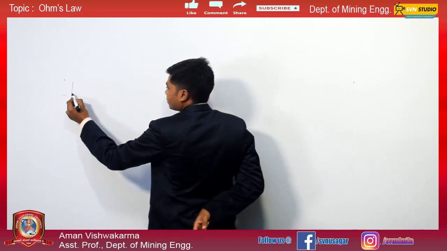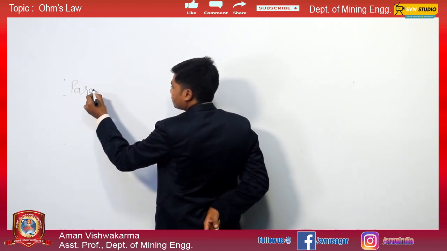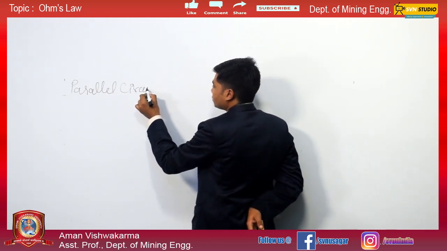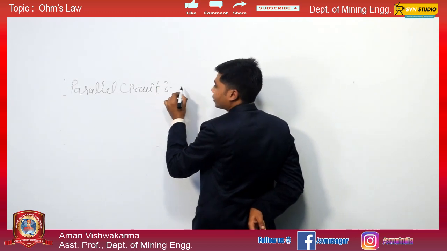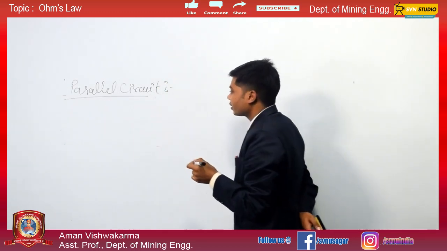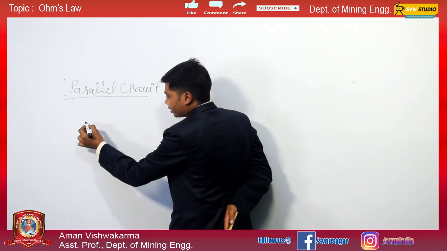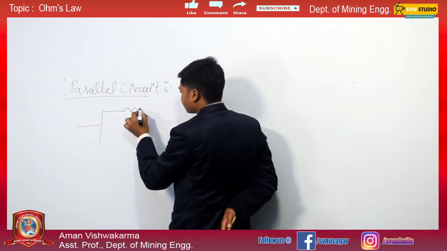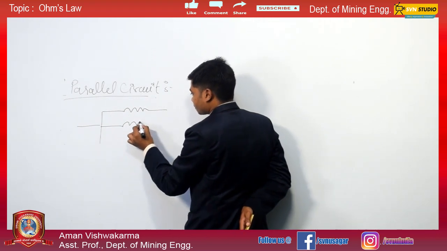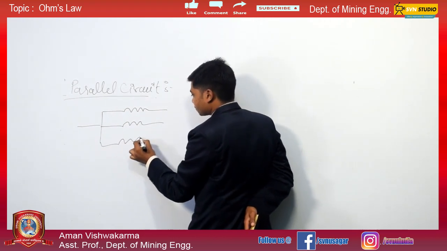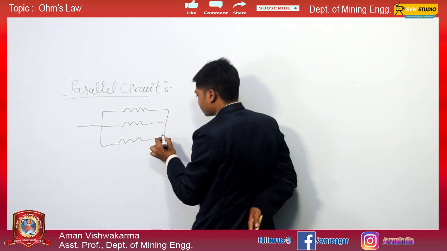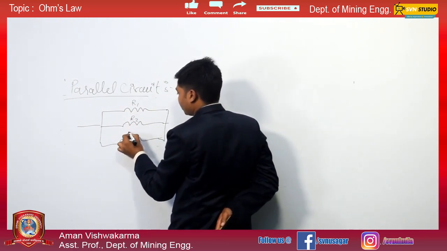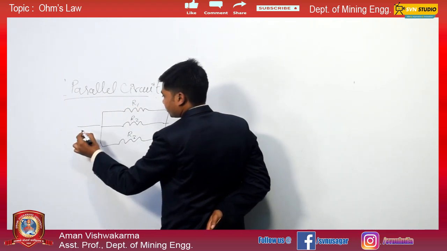So, next one is the parallel circuit. Okay. So, let us draw a parallel circuit. Suppose this is R1, this is R2 and this is R3.